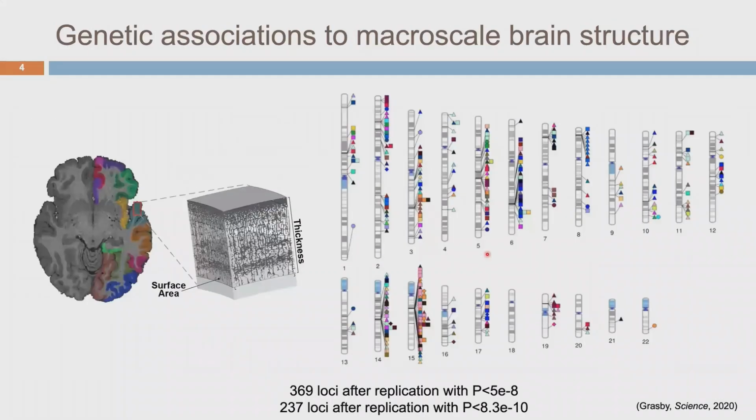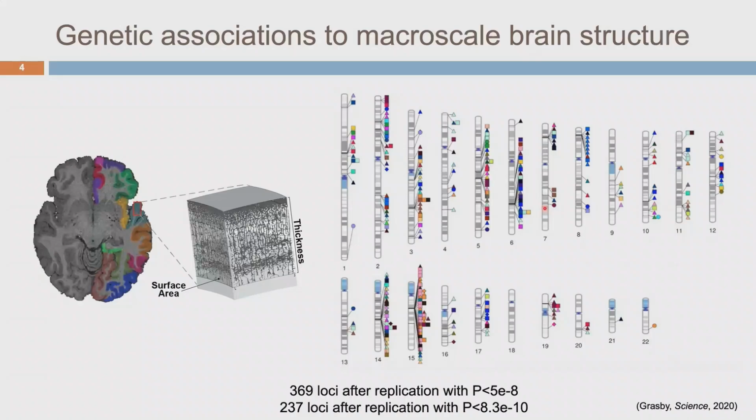Within the ENIGMA consortium, our recent project sought to identify common genetic variants influencing cortical surface area and thickness. We acquired MRIs and genome-wide genotyping from 60 cohorts across the world, comprising almost 34,000 participants, with replication in an additional 17,000 participants.